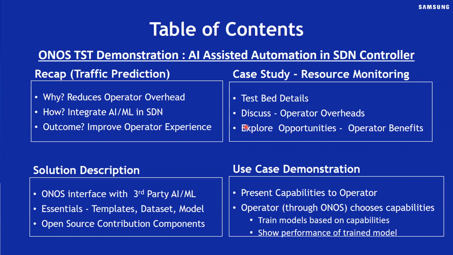Also, we will touch upon the architecture and design considerations to facilitate ONOS integration with any third-party AI/ML server. We will present a real operator problem and showcase the benefits of our proposal. Finally, we will conclude with the offering of ONOS components.